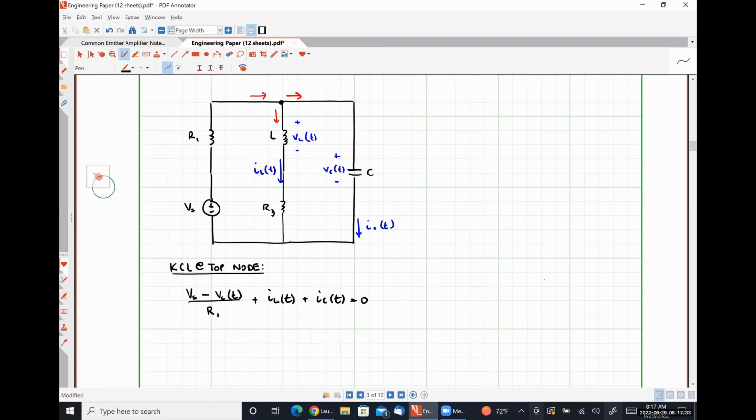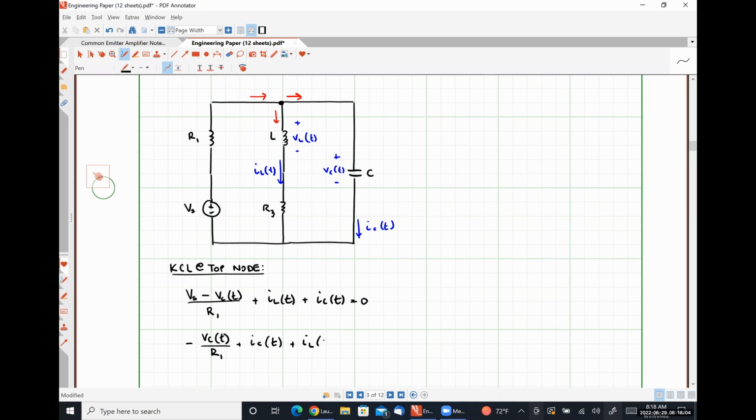So for example, I could say that negative Vc of t over R1 plus IC of t plus IL of t is equal to negative Vs over R1.